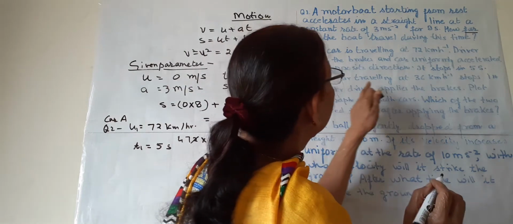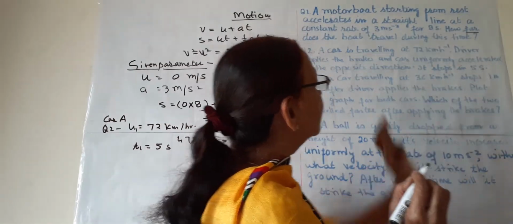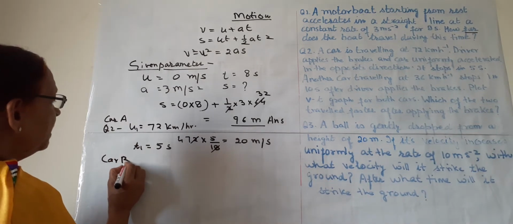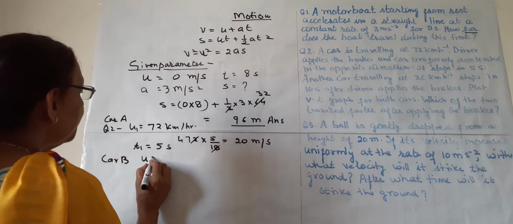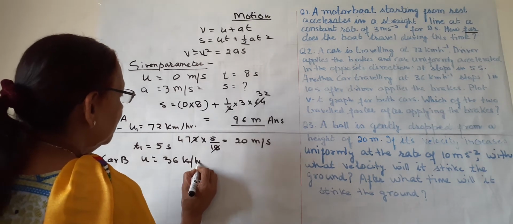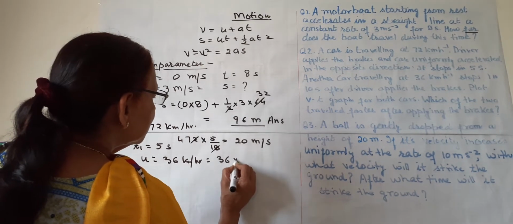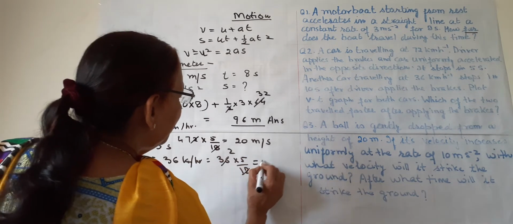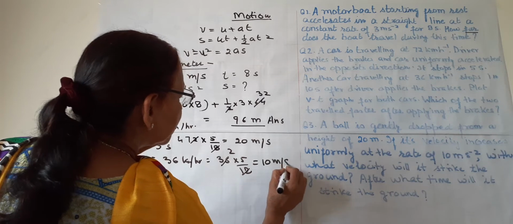Now there is a second car traveling at 36 km per hour. Suppose this is car B, its u is 36 km per hour. So it will be 36 into 5 upon 18, which is 10 meter per second.